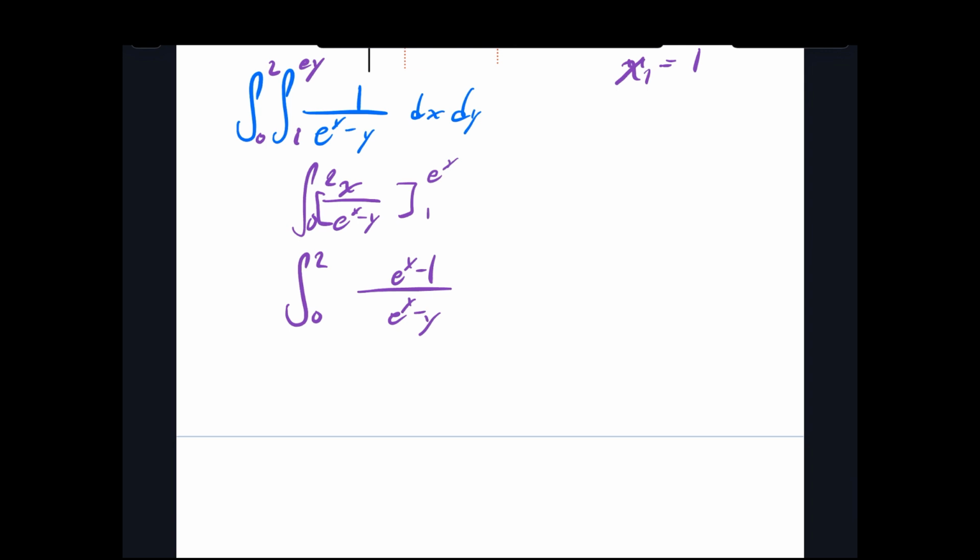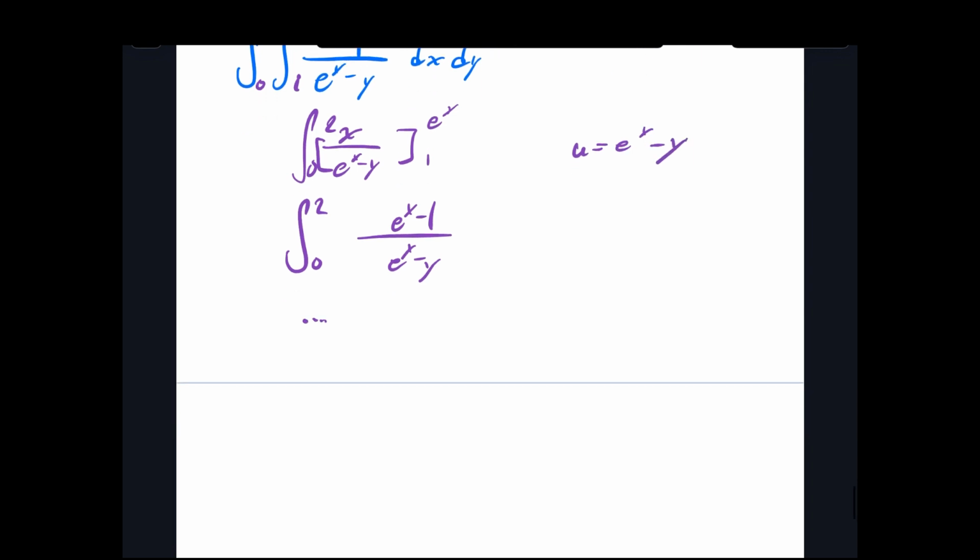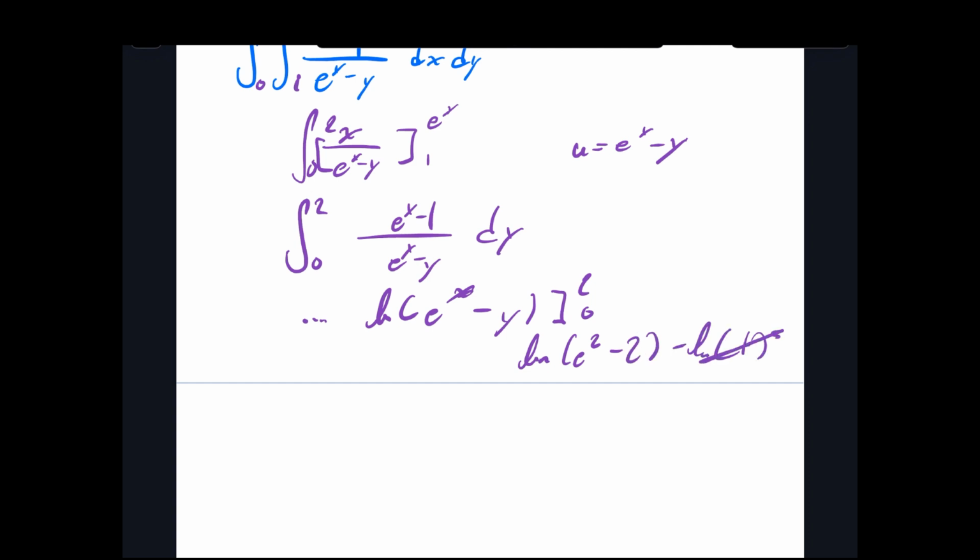So we could do a u sub here for e to the y minus y. Inevitably, you'll get ln of e to the y, because this is with respect to dy at this point, minus y. Evaluated at 2 to 0, which is ln e squared minus 2, minus ln 1, which is 0.